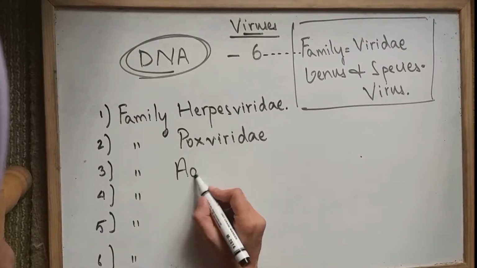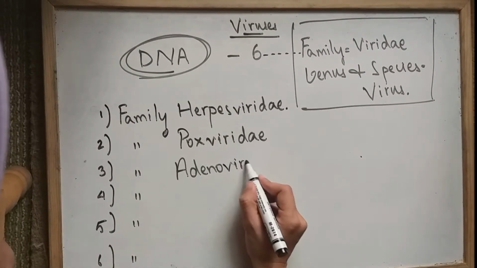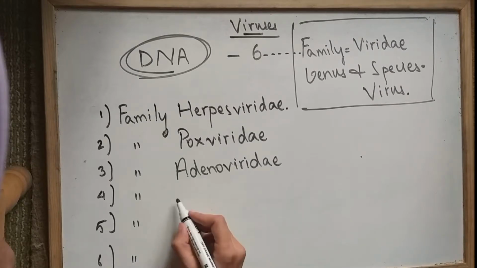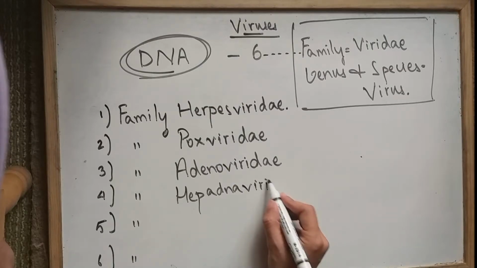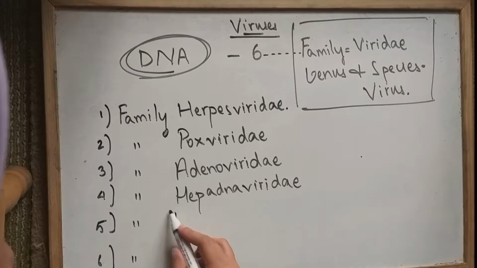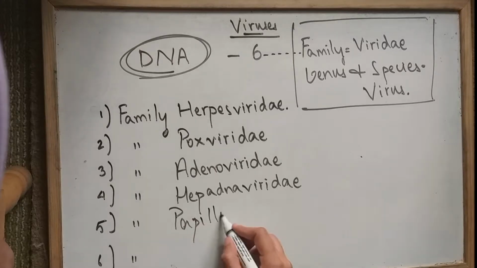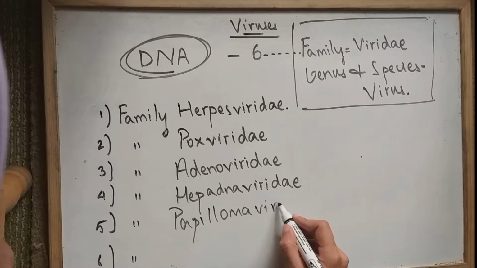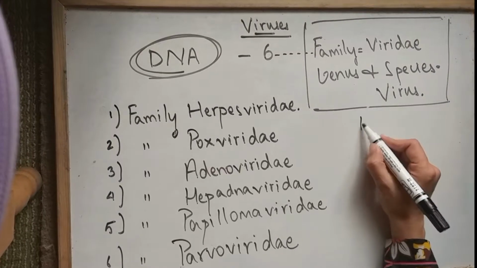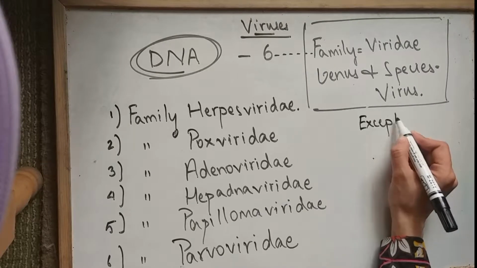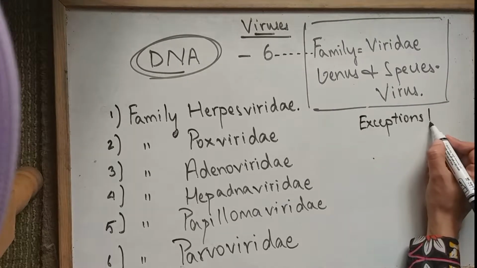The third one would be Adenoviridae, followed by Hepadnaviridae, then Papillomaviridae, and Parvoviridae. So you can think of it as Henry peels all his potatoes properly. You've got herpes, pox, adeno, hepadna, papilloma, and parvo.